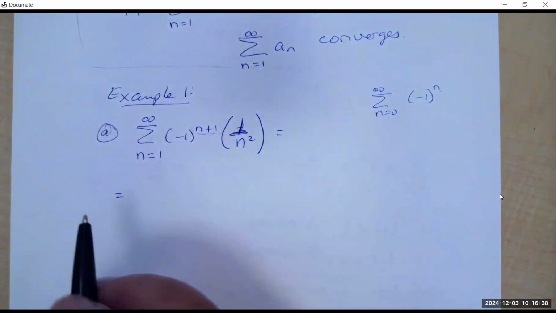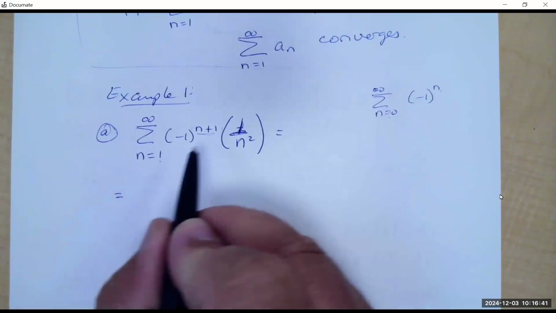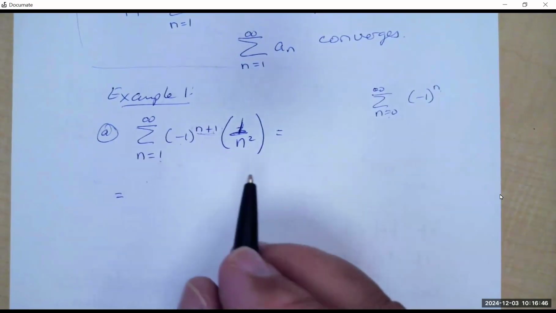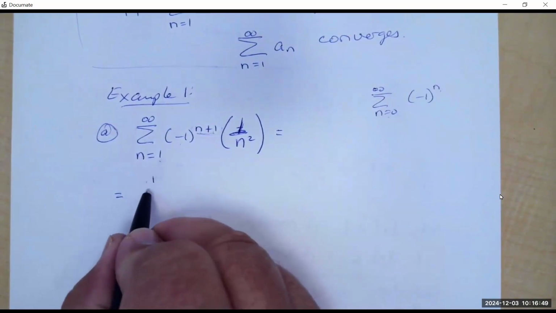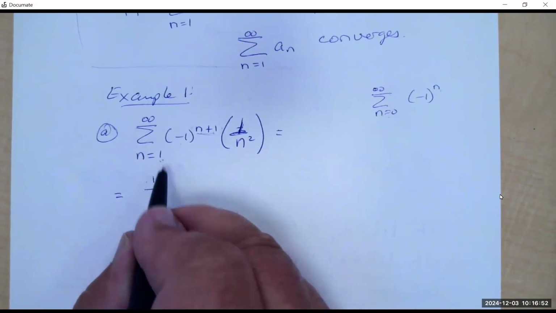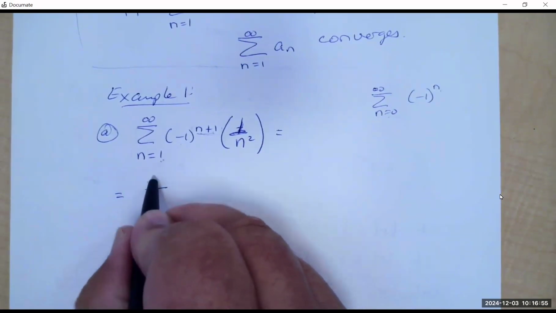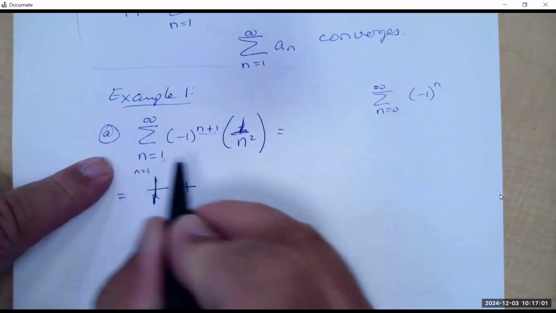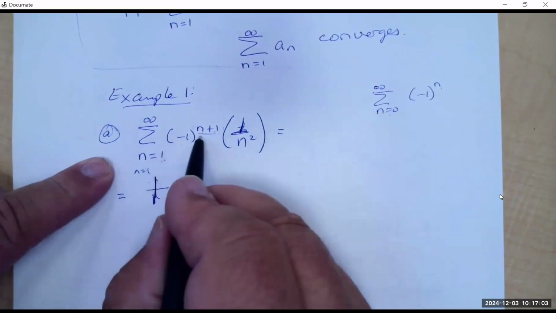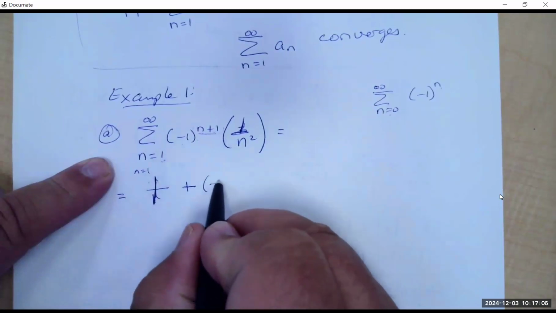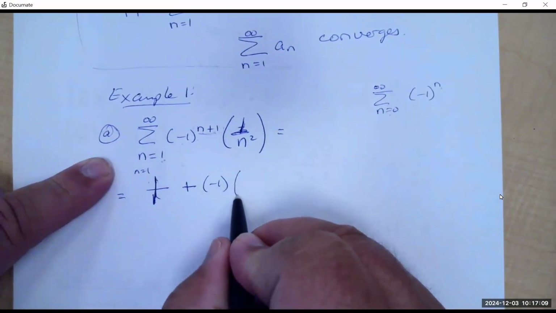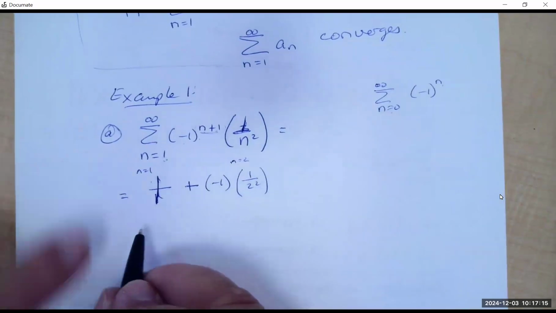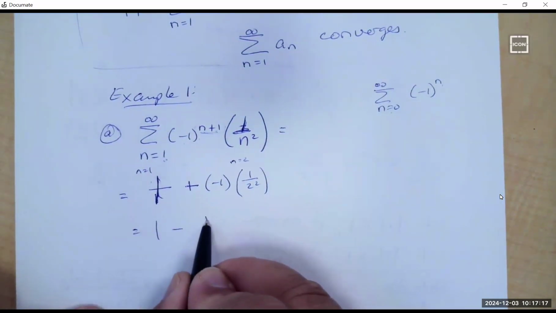So let's look at these sequences. When n is 1, 1 plus 1 is 2, so that's positive. So we have 1 over 1, that's 1. When n is 2, we have 3, so it makes it -1. So we have 1 minus 1/4.